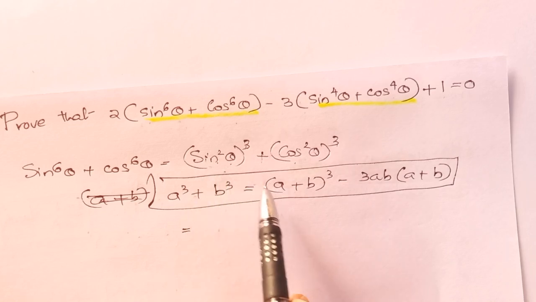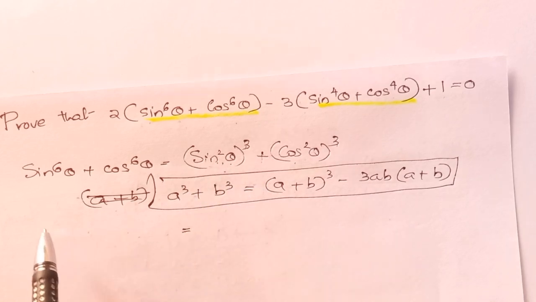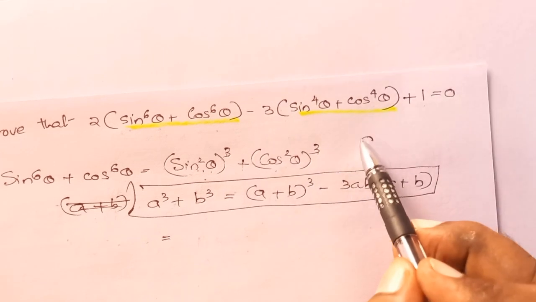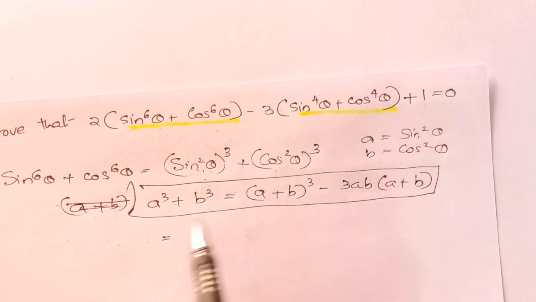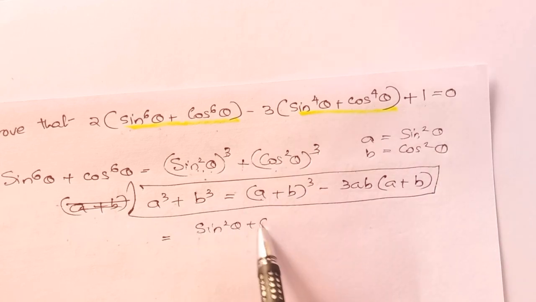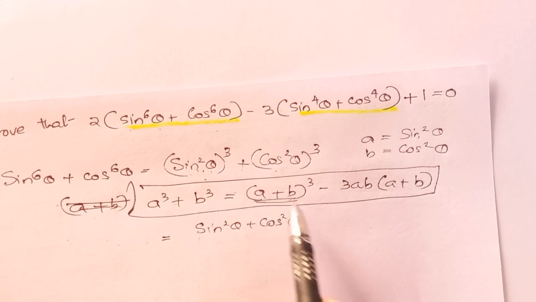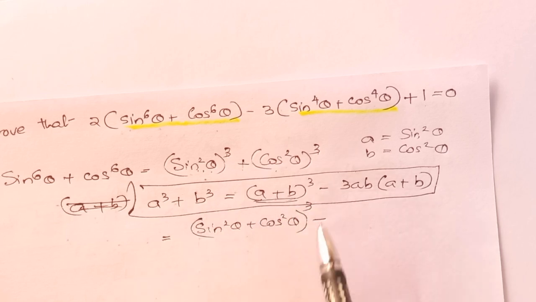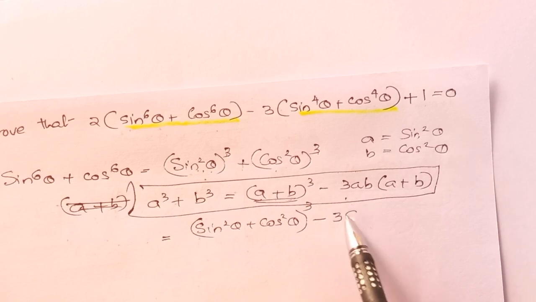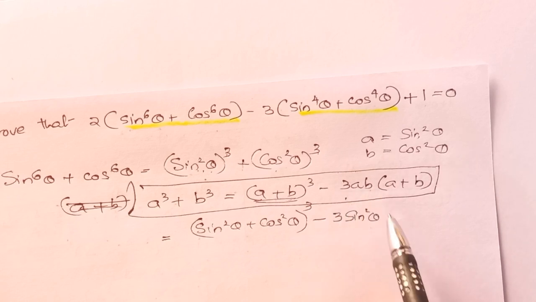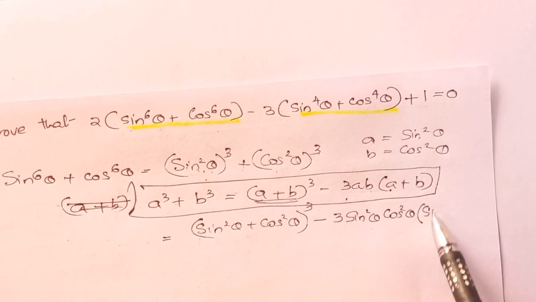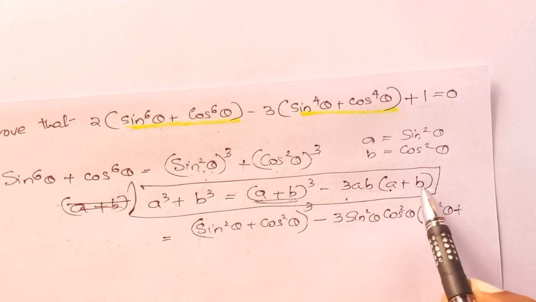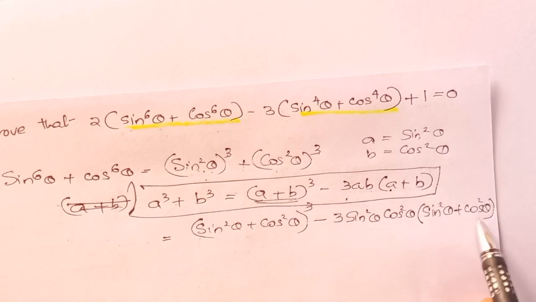the steps become, so look at this, a is sine square theta, b is cos square theta. So it turns to sine square theta plus cos square theta, this portion, the whole cube minus 3 into sine square theta cos square theta in bracket a plus b, which is sine square theta plus cos square theta.